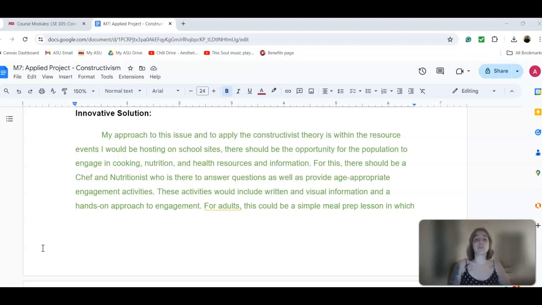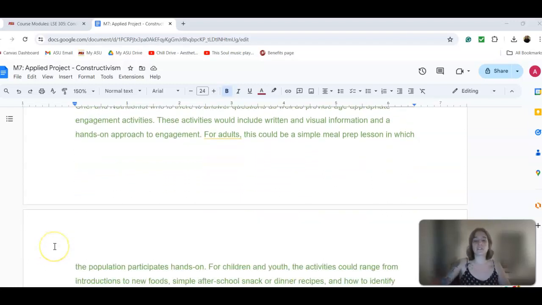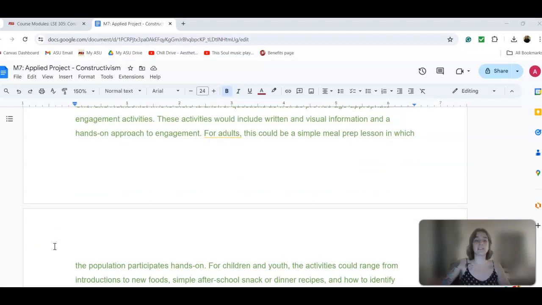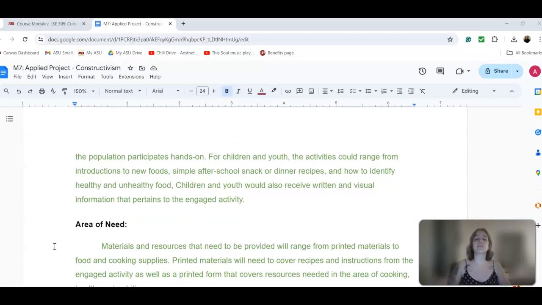These activities would include written and visual information and a hands-on approach to engagement. For adults, this could be a simple meal prep lesson in which the population participates in hands-on activities to learn how to better plan meals for the week.